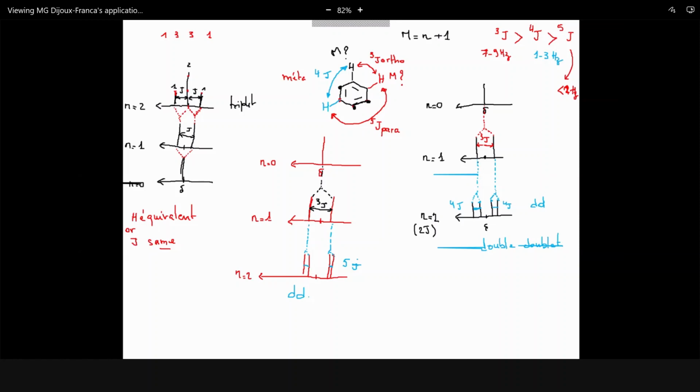We will see how to calculate the coupling constants. In a double doublet, I should have 2 coupling constants. Let's say J para and J ortho. How can I calculate it?